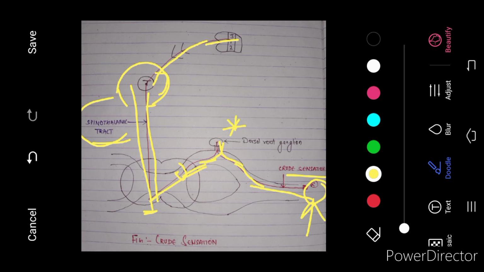So it was all about the crude sensation. The dorsal root ganglion is the first order neuron. Dorsal horn is second order neuron, and the thalamus is known as third order neuron.